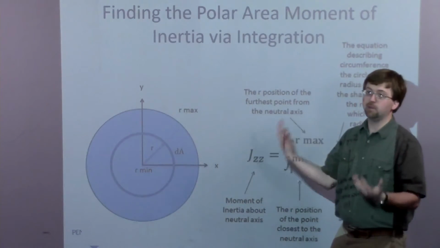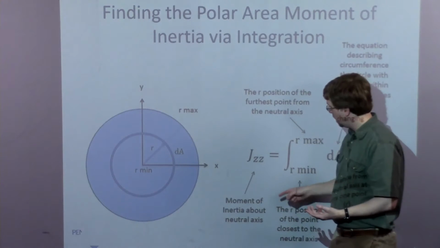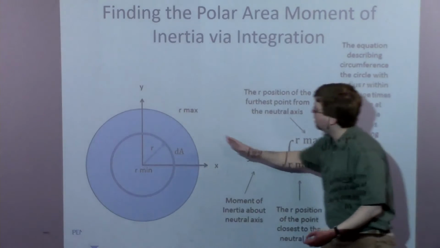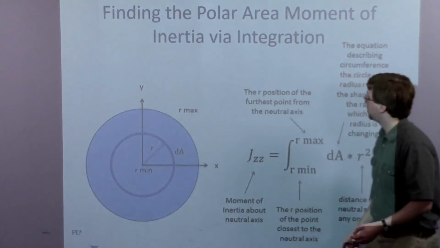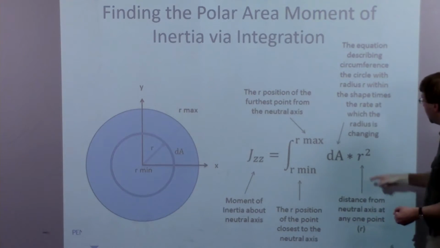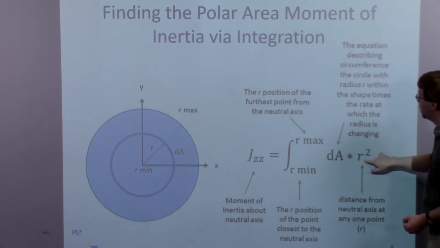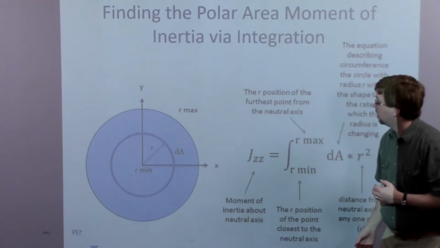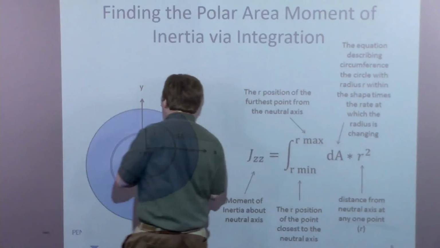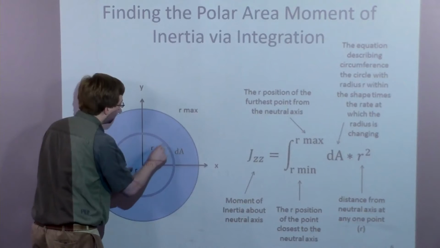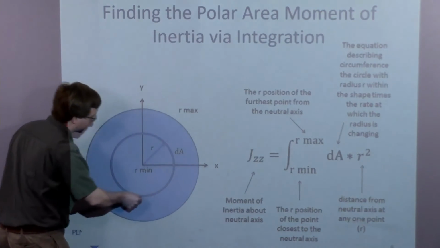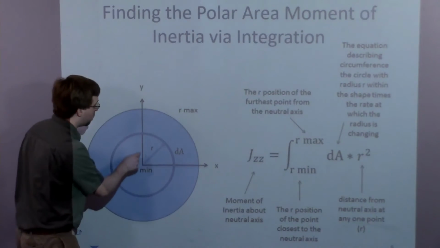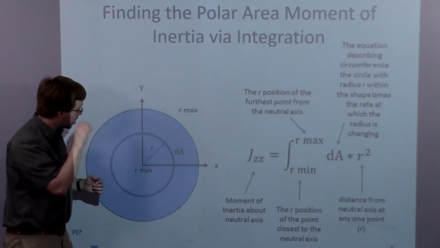In this case, I've got material there at the center, so it's going to be 0 out to the maximum radius, the outer radius of my circular shaft, and I'm integrating dA times r squared. dA is the rate at which the area is changing for this piece. If I think about starting in the center and moving out, I want to find the area of this little sliver at some value r, small r here.